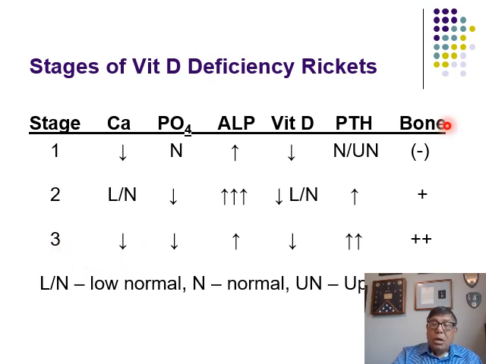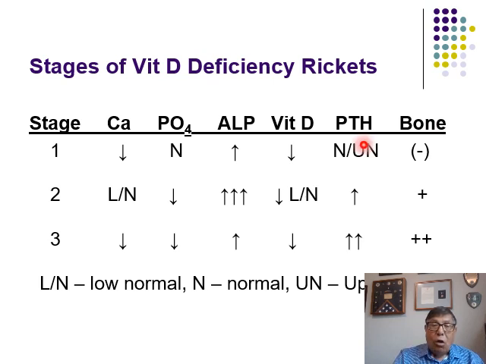And one thing I have to tell you, please do remember that alkaline phosphatase is the most important biochemical finding in rickets. If something looks like rickets but you have a normal alkaline phosphatase, you cannot make the diagnosis.